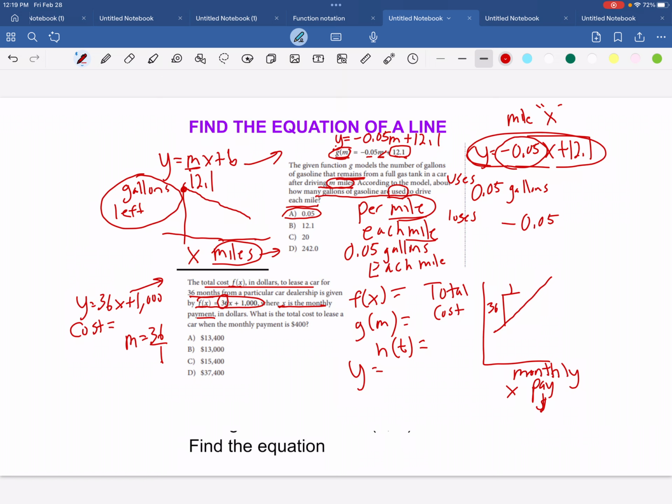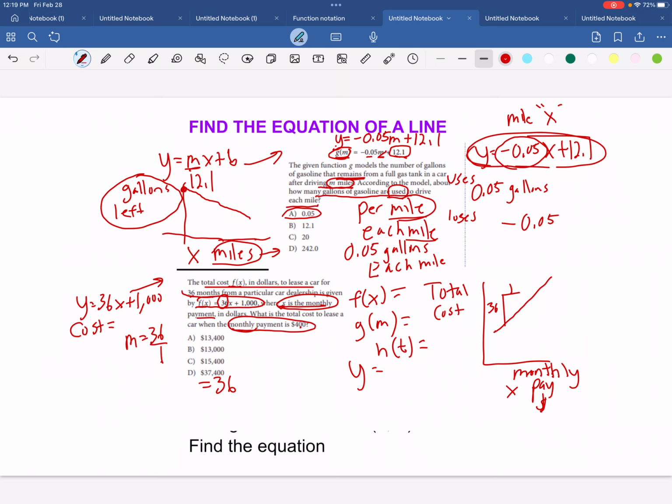It asks what the total cost to lease is when the monthly payment is $400. And x is the monthly payment, so really you're just taking the 400 and plugging it into the x. What is the 36?